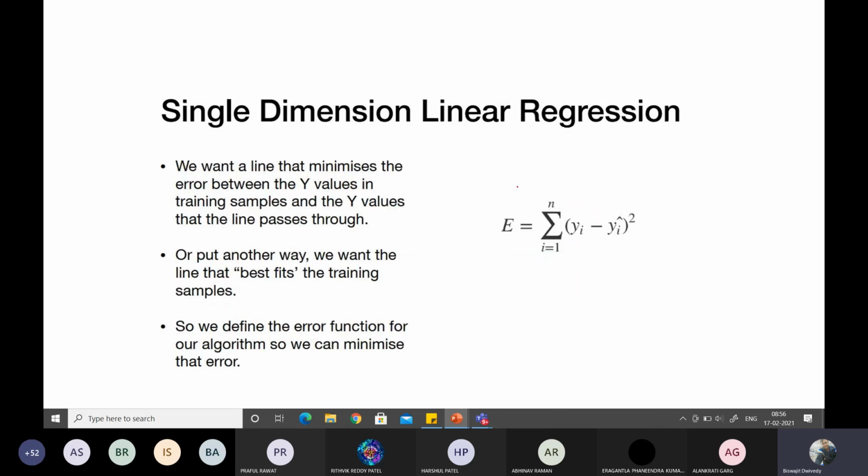I have already told you that whenever we go for linear regression, we will be trying to find out the error. That error is mathematically written in this form. So yi is the training sample value, and this is the predicted value.